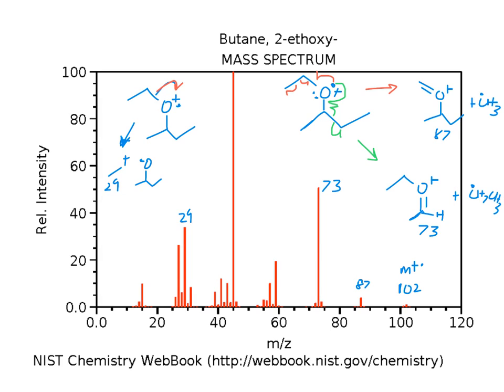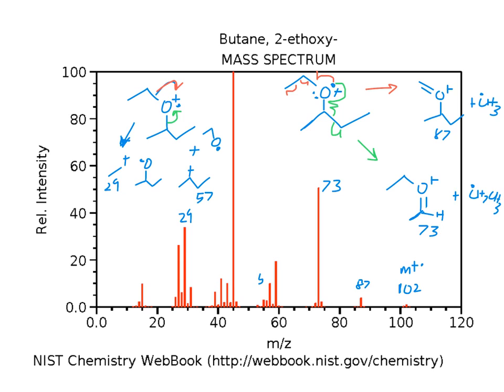And if we do the same thing the other way, then we get this butyl cation plus this radical. And so that is at 57.